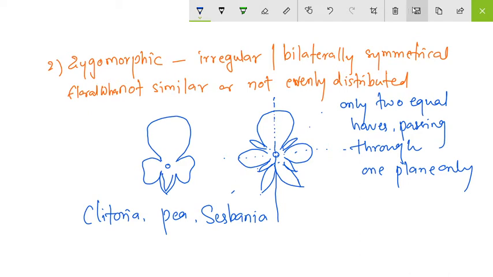Okay, then the third, that is asymmetrical flower.